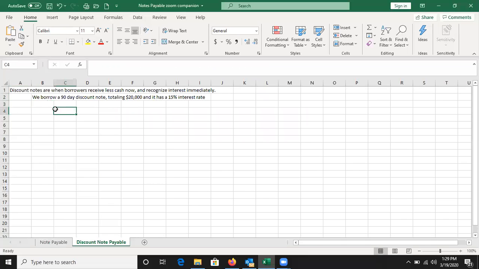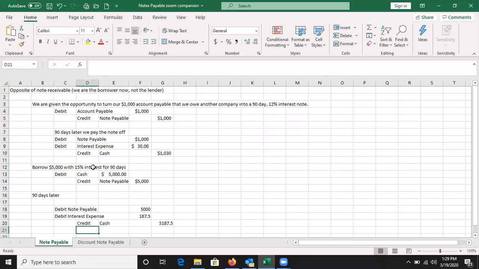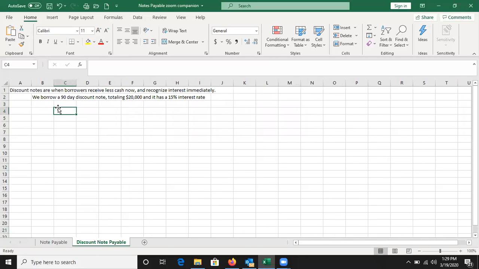So this is the key you got to look out for when you're doing homework or practice. Discount note. Discount note has different methods than a normal note. Nowhere here did we say discount, right? But here we're saying discount. So we borrow a 90-day discount note totaling $20,000 and it has 15% interest.